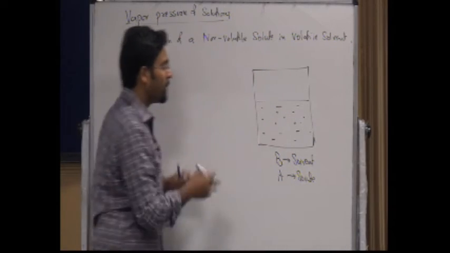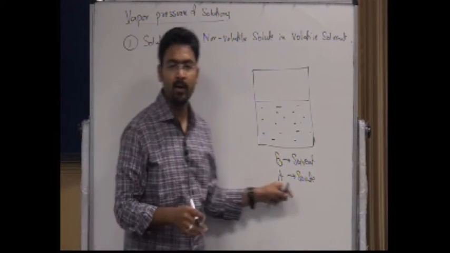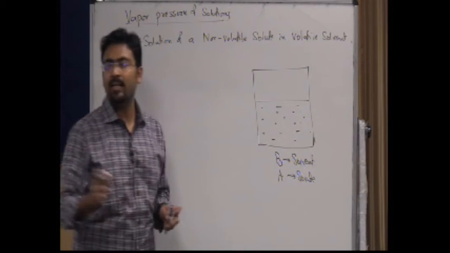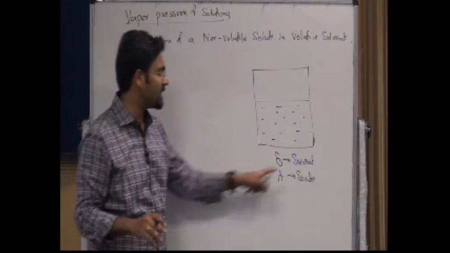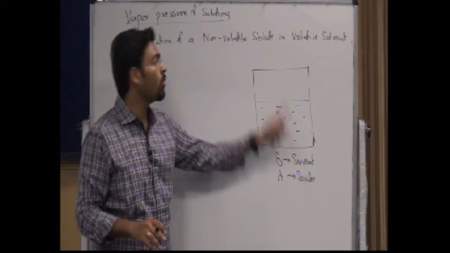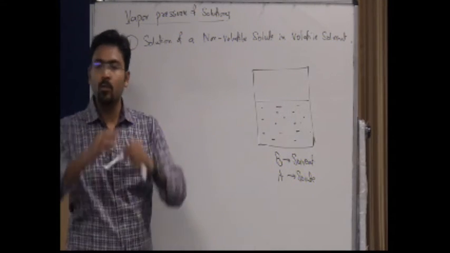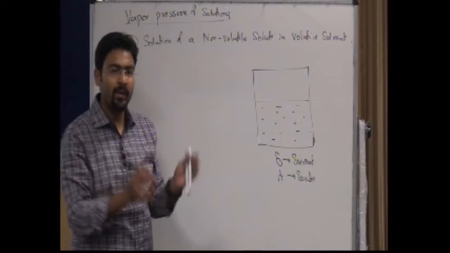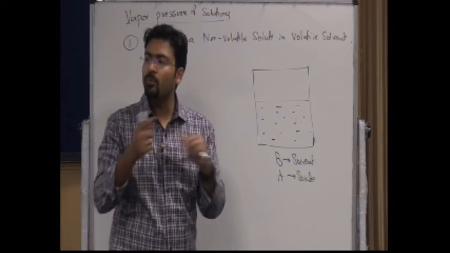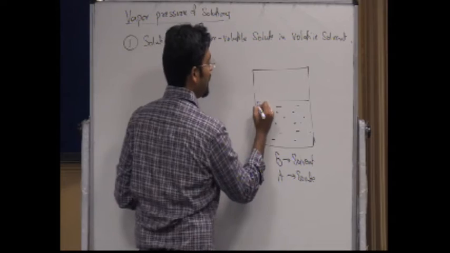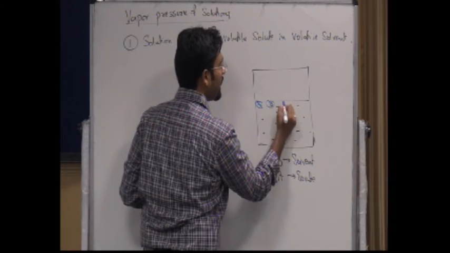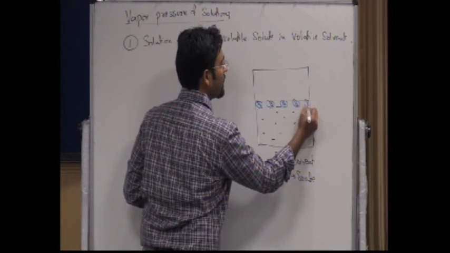This may be solid, but now dissolved in liquid, so it doesn't really matter whether it was a solid or not. But the important information about the two is that this is volatile and this is non-volatile, as I can see from here. So when I mix the two homogeneously, the two will spread or mix completely. So they will also be present on the surface. Now on the surface, along with B molecules, I'll also have A molecules.